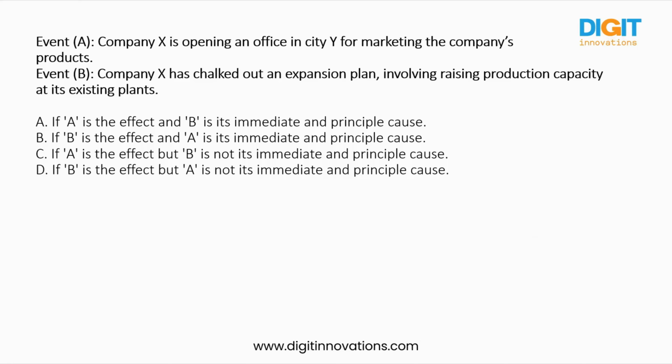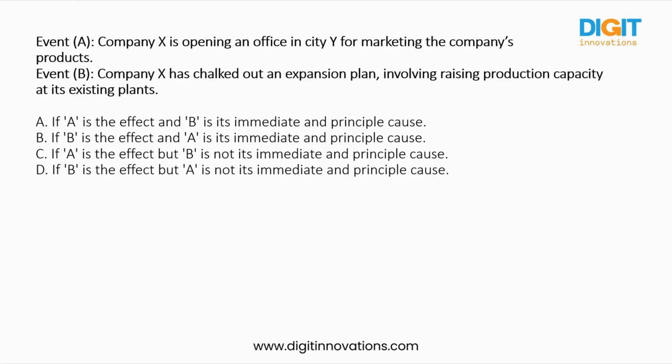Something caused something to happen, and due to that an effect is happening. So by this we can say event two, that means B is the cause and A is the effect.